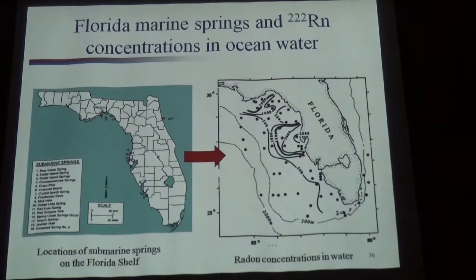These are the locations of the springs listed here, and this is a map of Florida with a contour diagram showing the concentration of radon in these areas. You can see that the highest concentrations of radon in the surface water were detected exactly at the areas where we have the springs. This is how people came to the idea that they can calculate the flow of springs using radon concentrations.